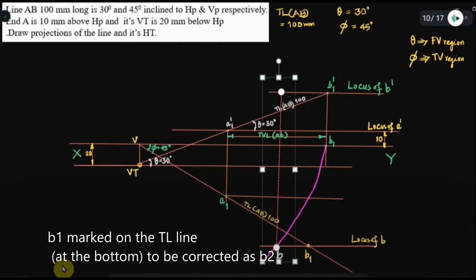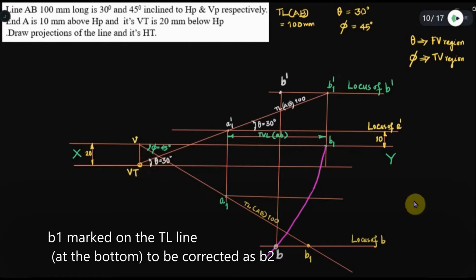See, this is the next point, B dash. Once you get that, you join, not from A1 dash. You cannot join from A1 dash because we start with VT and V. So VT is part of the front view and V is part of the top view.